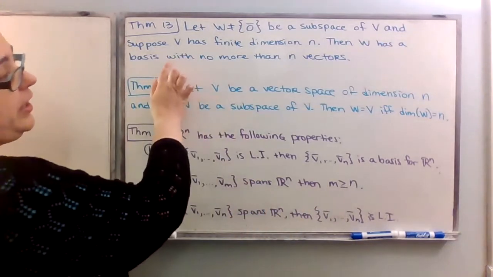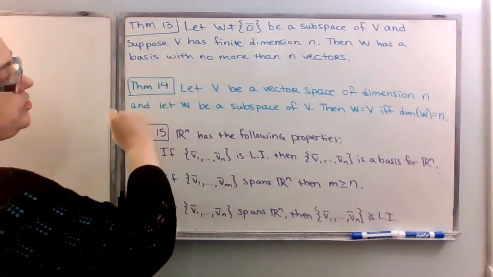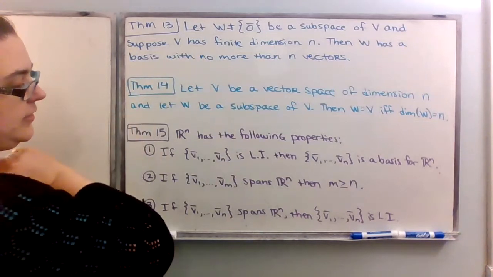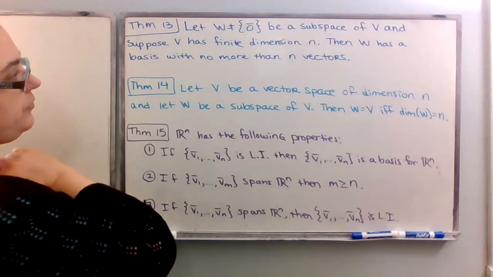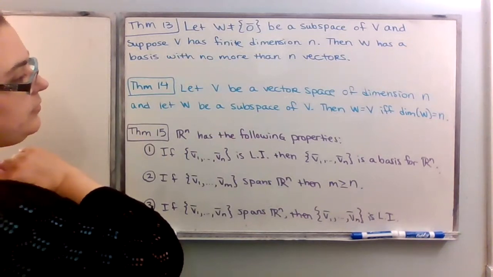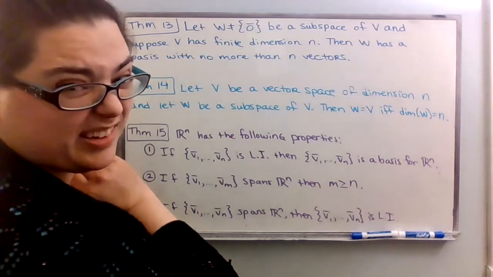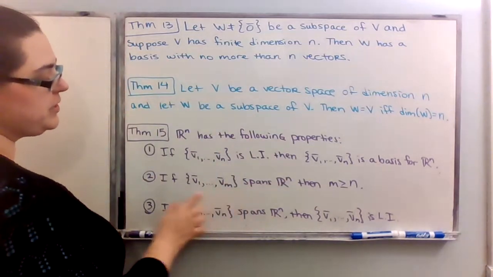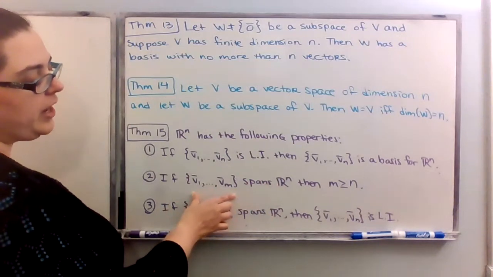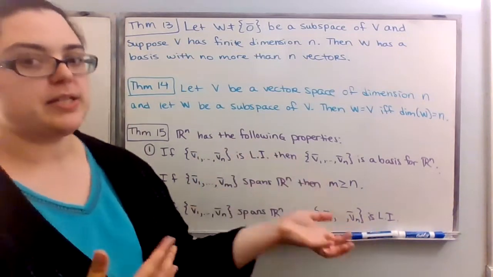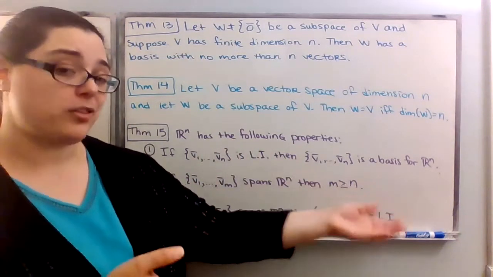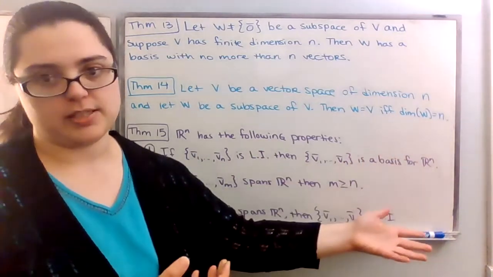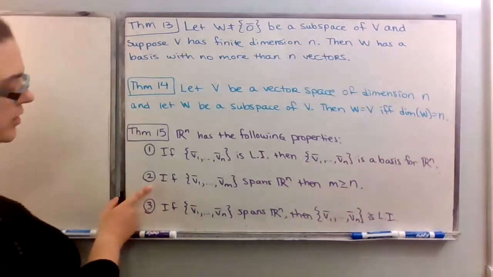So that's kind of applying theorem 13 here to, oh, no, I lied. Ignore what I just said there. This is not applying theorem 13, but this is basically saying I have to have at least the basis number of elements if I'm going to span the whole thing. And then I could have more because I could have some redundancies built in. That's what the second one is saying.